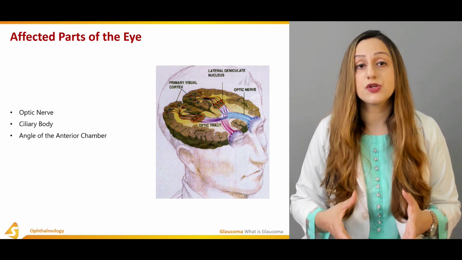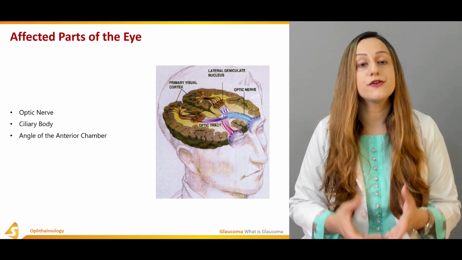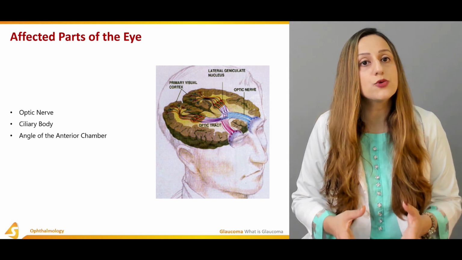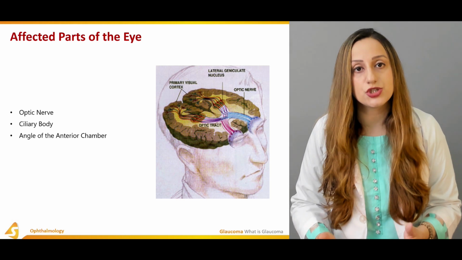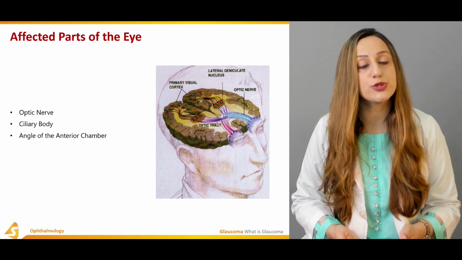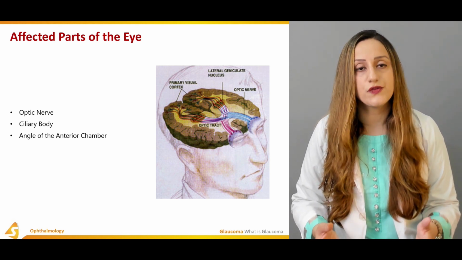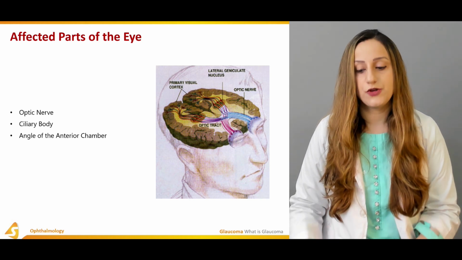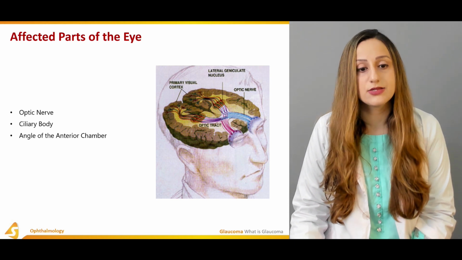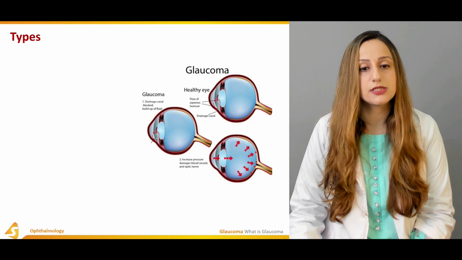So if these canals of Schlemm are not functional due to this distortion in the angle of the chamber, that is going to further deteriorate the condition, and that is going to further increase the intraocular pressure in the vitreous chamber. So basically, it is a vicious cycle that starts off just by this phenomenon that the intraocular pressure in the vitreous humor has risen.